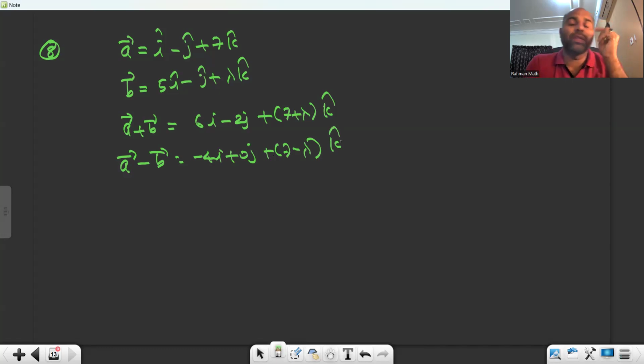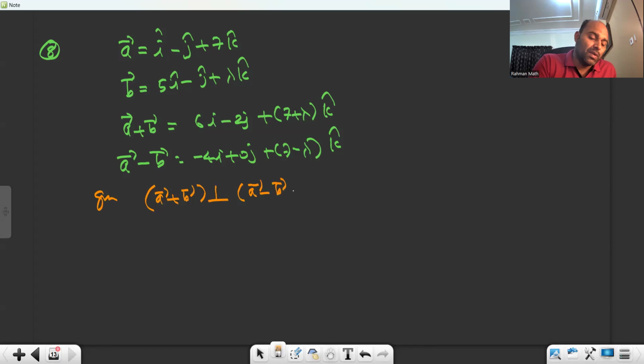This is A minus B and A plus B. I told you before, if these are perpendicular, their dot product equals 0. Given that A plus B is perpendicular to A minus B, therefore that dot product equals 0.